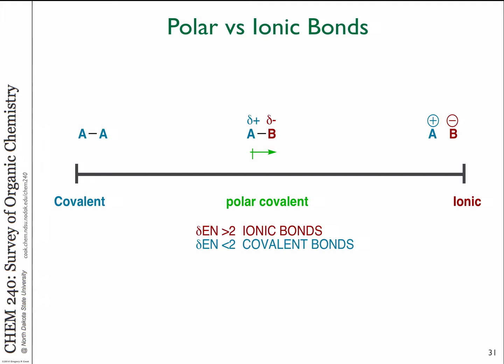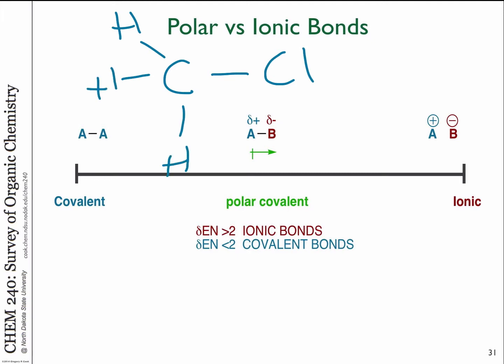So if you have, for example, a carbon-chlorine bond, let's just think about a carbon-chlorine bond here. I'll draw it here. Chloromethane, for example, has three hydrogens. If you think about electronegativity and polarity in this molecule, what's the most electronegative atom here?